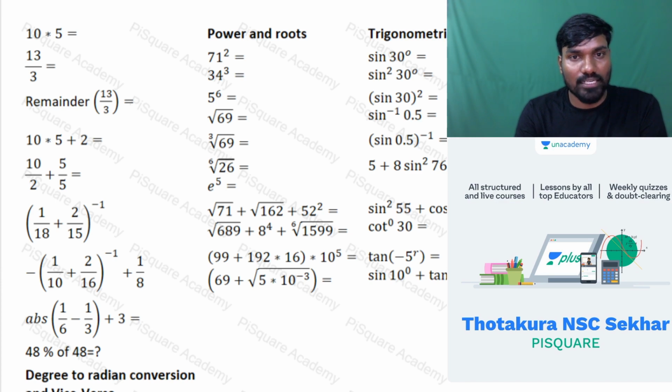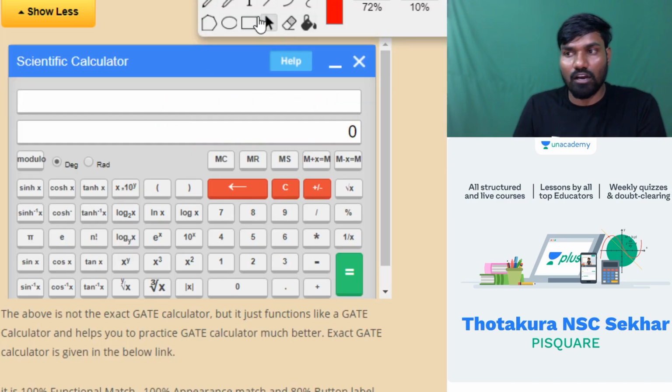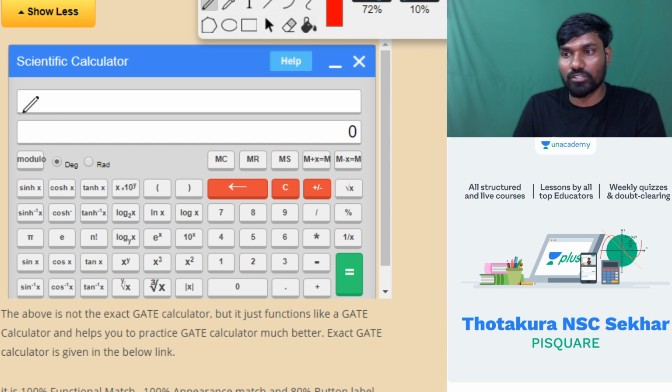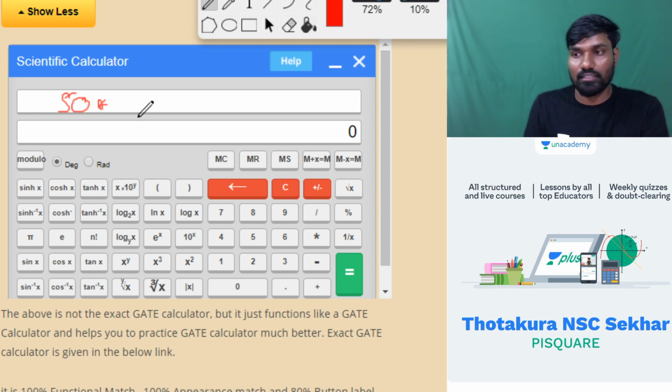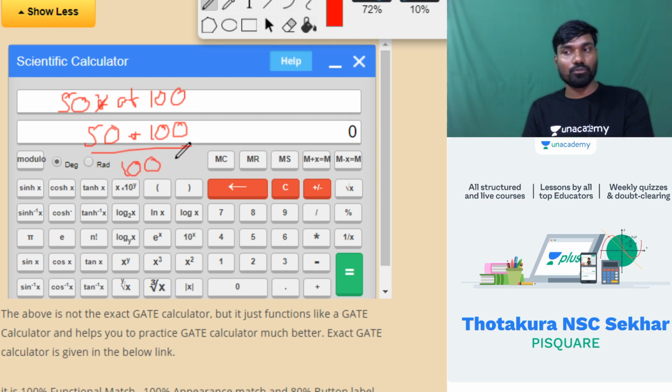Suppose if I ask you what is 50% of 50, how will you do it? Suppose I'm asking 50% of 100. You will perform 50 into 100 divided by 100, and tell the value.